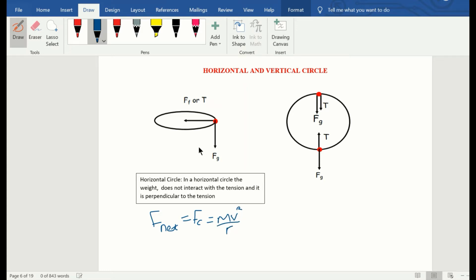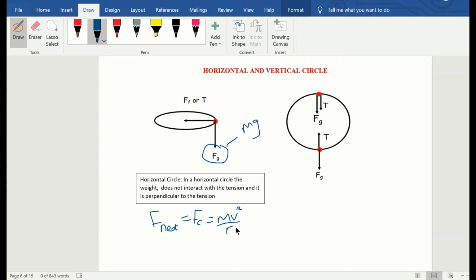So in this case, we ignore the weight, which is mg. We ignore the weight because the weight does not interact with the tension. So the formula we use for this type of circle is mv squared over r.